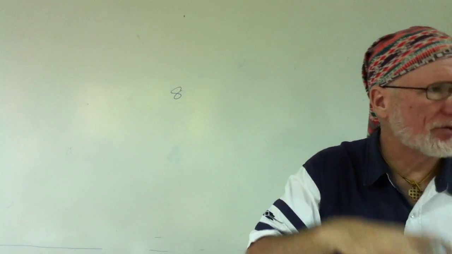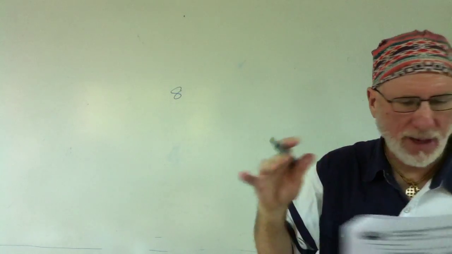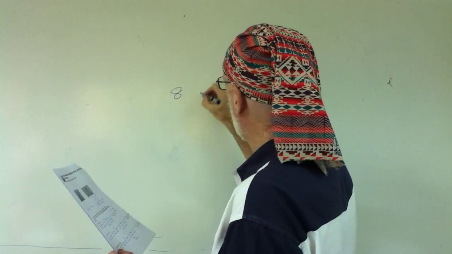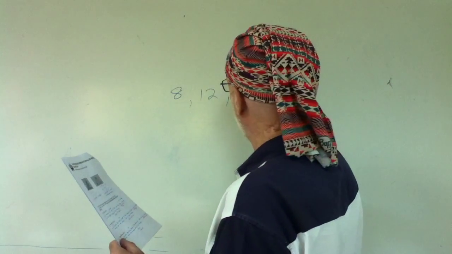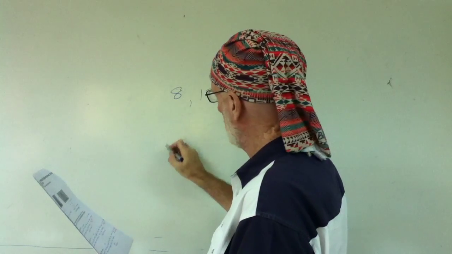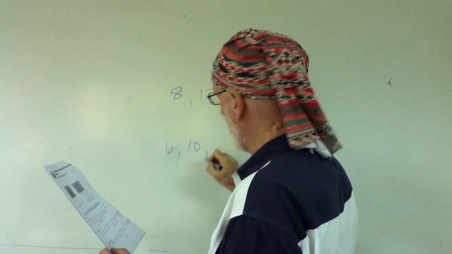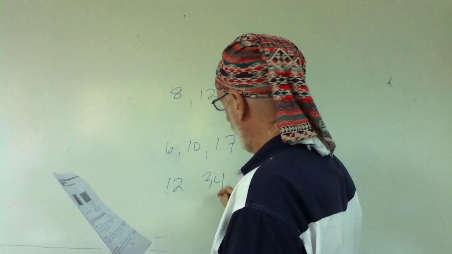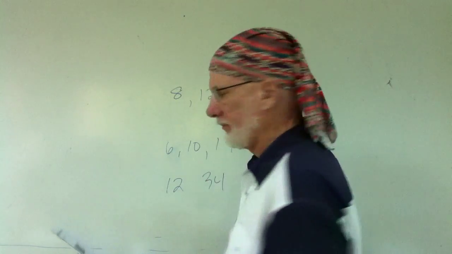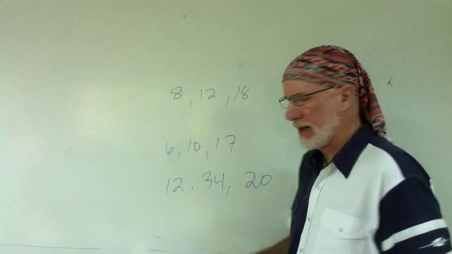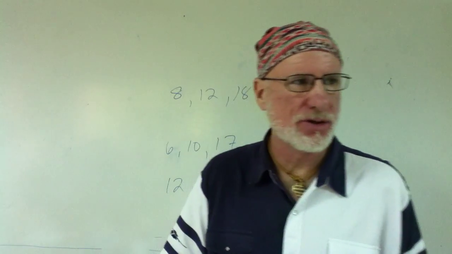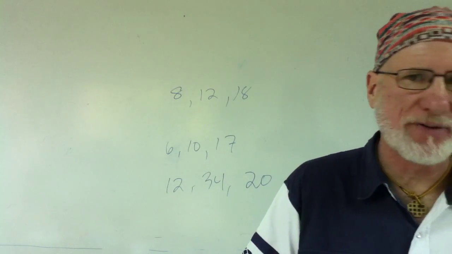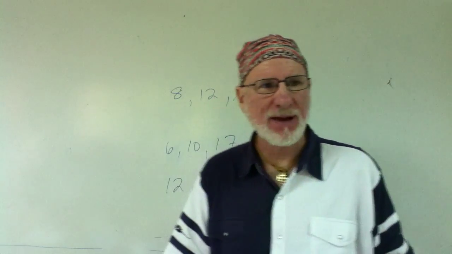So this is going to be 8, 12, 18; 6, 10, 17; 12, 34, 20. This is one of those problems where we didn't do a lot of these because it was kind of straightforward. Let's see if that was a mistake.